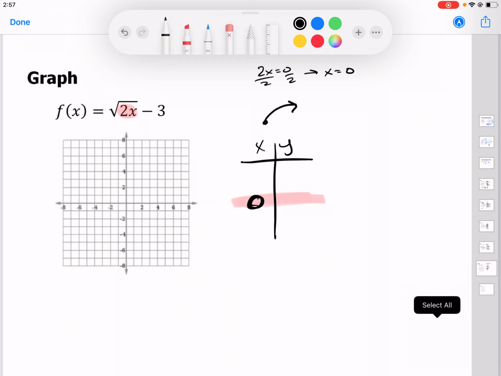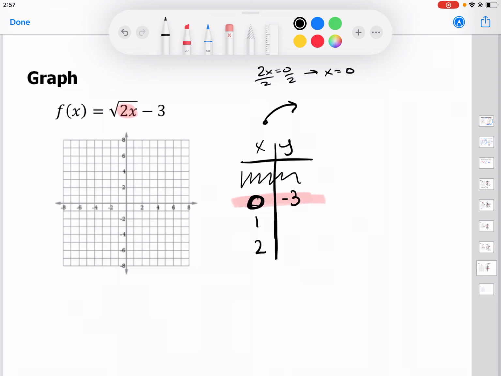Square roots, if you put negative numbers into square roots, you get imaginary answers. So we don't do the left side. So I'll go ahead and do the right side though and start plugging those ones in. So we've got 2 times 0, which is 0. Square root of 0 is 0. And then subtract 3, you get negative 3.